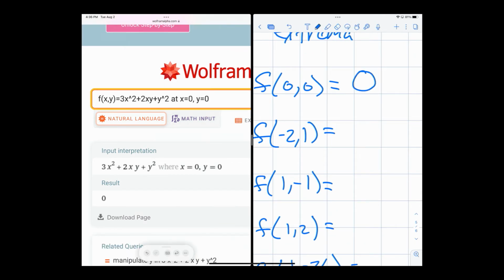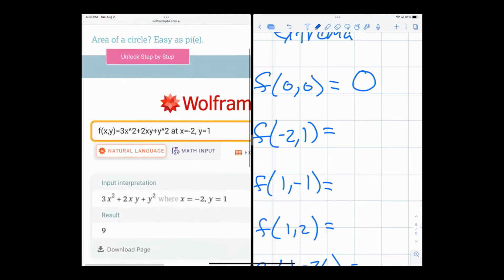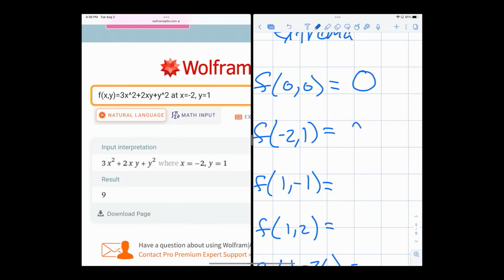Next one, we just go negative 2, 1. The answer is 9. I think we actually knew that.